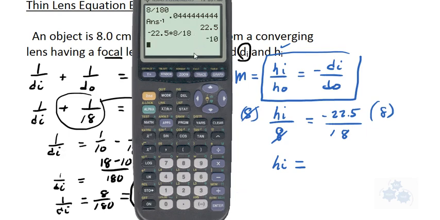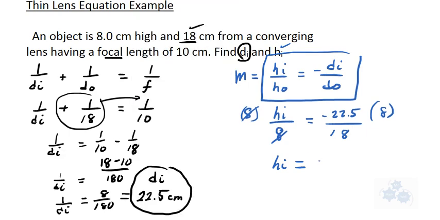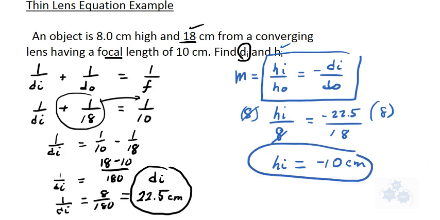And we get what? Negative 10. So the height is minus 10, and that would be in centimeters. So that means that if the object was facing upward, the image then is facing downward. Okay, so there's your two answers.